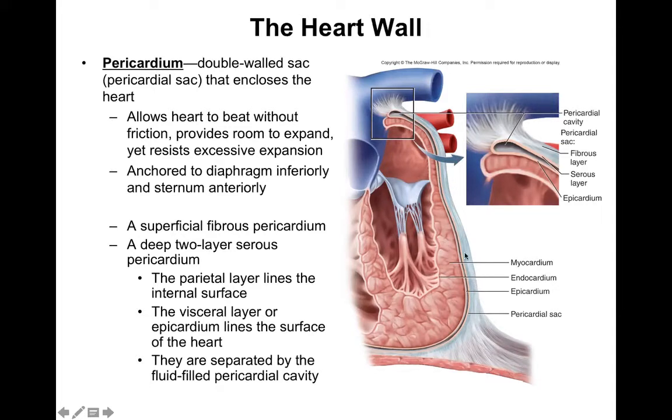This pericardial sac has a pericardial cavity, which helps to protect the heart, and a proper contour of the heart is formed by it also. It allows the heart to beat without any friction, provides room for expansion, and is the first layer of protection for the heart.